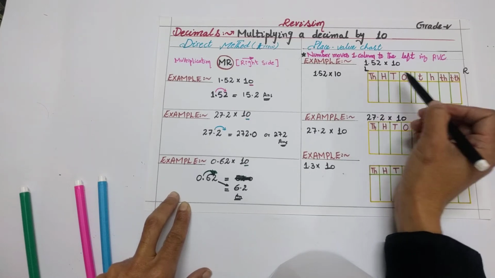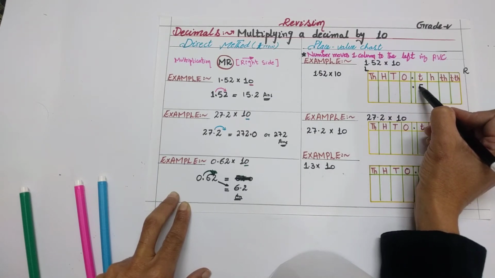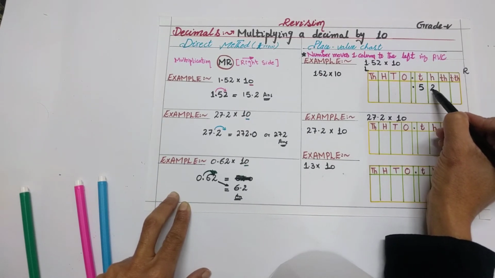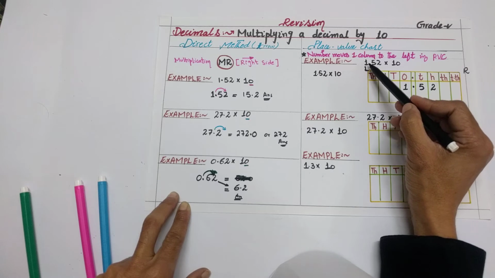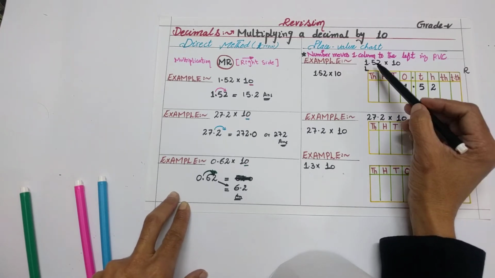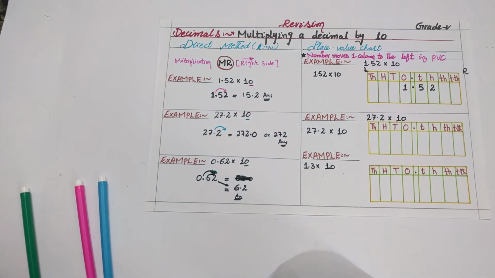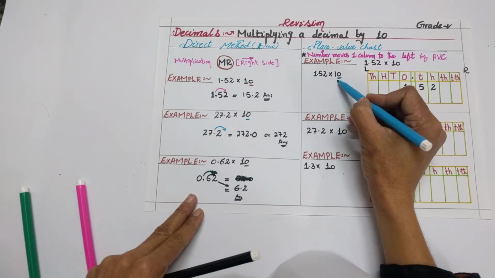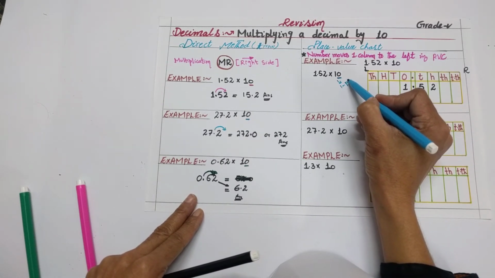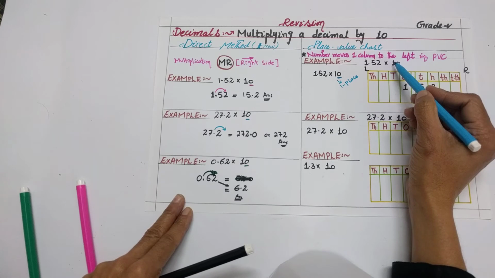What's our number? 1.52. Firstly we will put the decimal. On the right side, the first digit is 5, the second digit is 2, and on the left side the first digit is 1. Now when I multiply 1.52 by 10, in 10 we have 1 zero, which means we will shift the number one column to the left side.